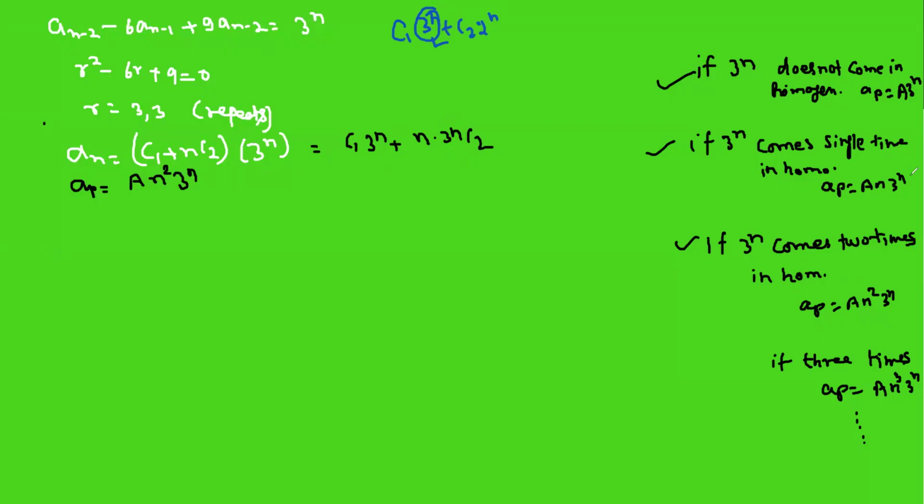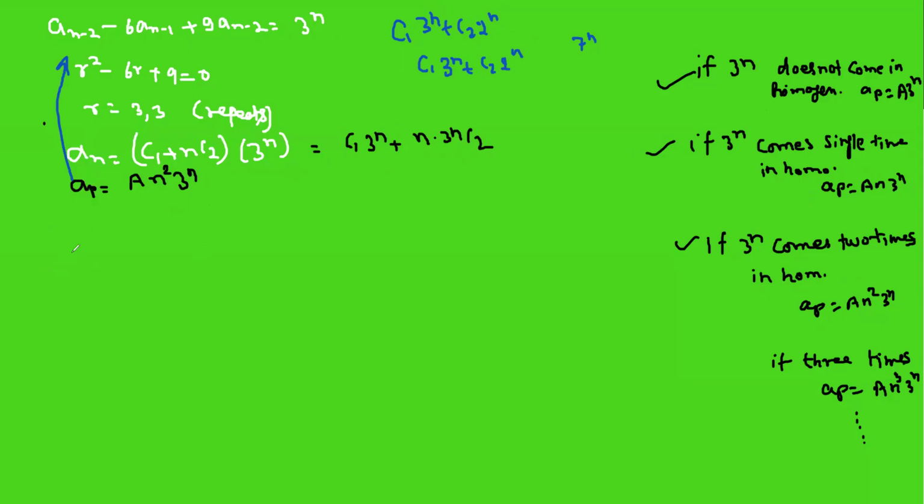That's why you used A and 3n. And in the very first question, there was no 7 raised to n in this. That's why you use a 7 raised to n. Understood?